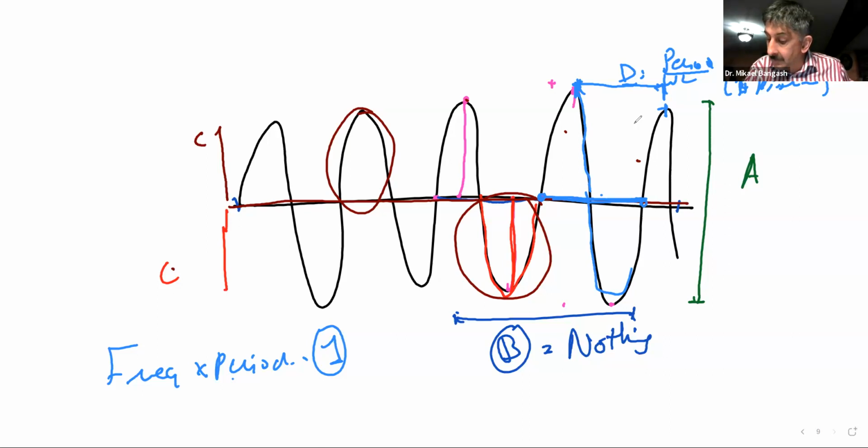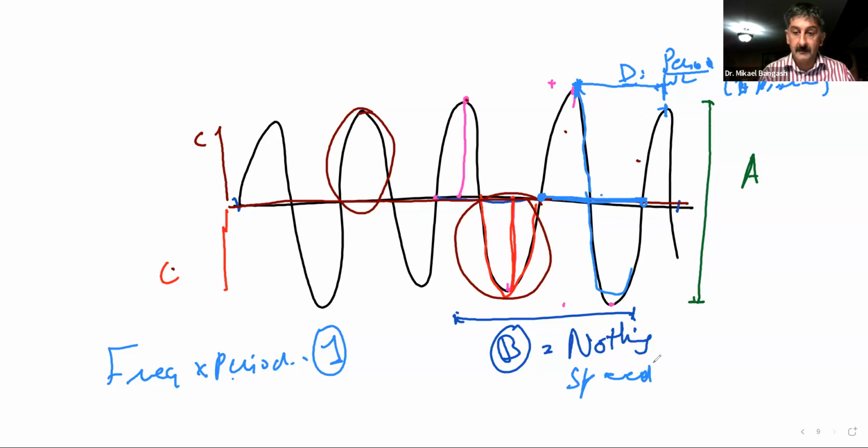It's more likely going to be determined by the source and the medium, and that will be B. It may represent the propagation speed. Clear? Okay. A and C.